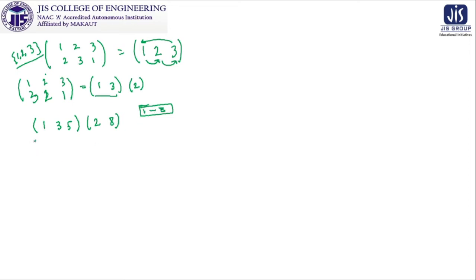So you can write this 1 3 5 as 1 2 3 4 5 6 7 8. 1 goes to 3, 3 goes to 5, 5 goes to 1, 2 goes to 8, 8 goes to 2. That means the remainings are as it was.